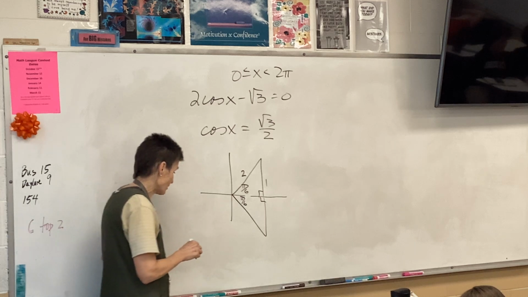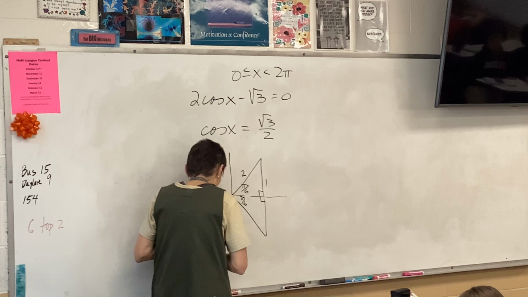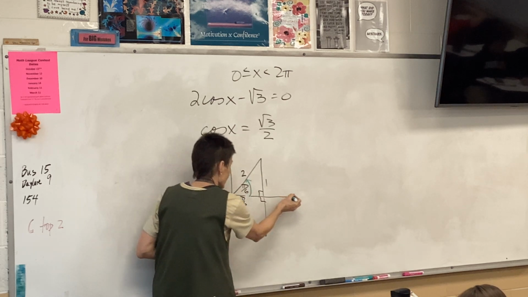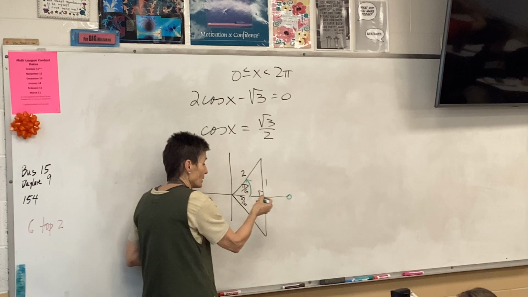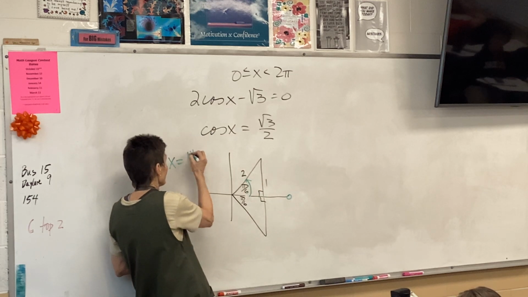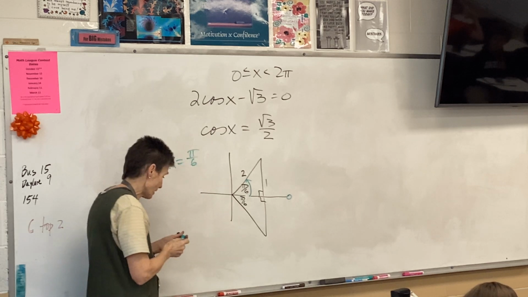Now, what are the answers? Well, one of the angles is right here. Remember, this is 0. This is where we start. So one of the angles would actually be pi over 6. Right?